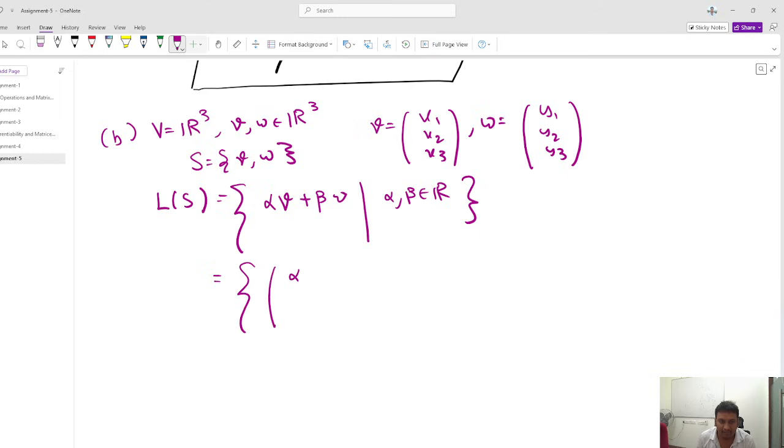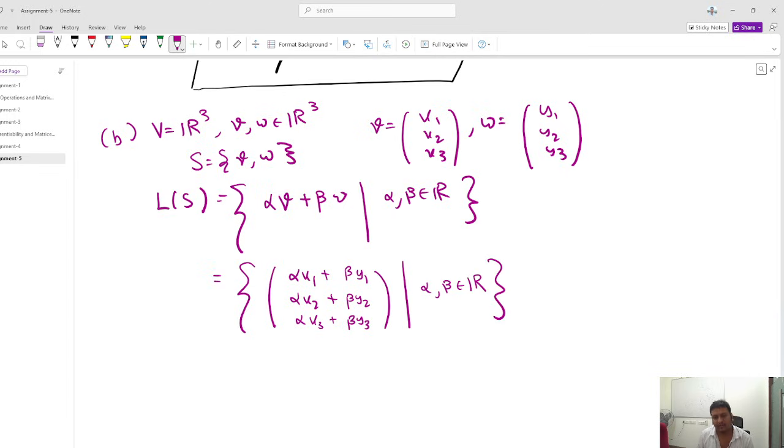This is basically alpha x1 plus beta y1, alpha x2 plus beta y2, and alpha x3 plus beta y3, where alpha, beta belong to the real numbers.